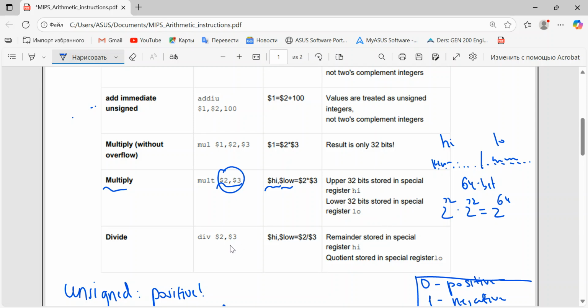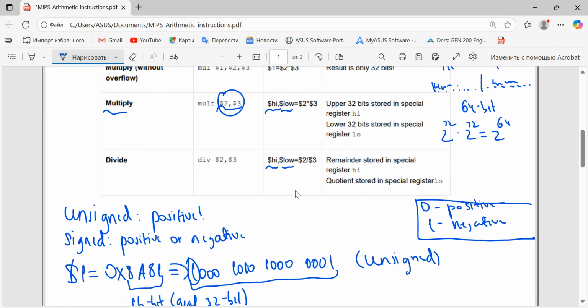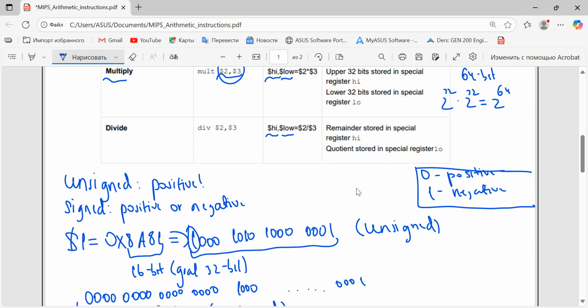What about divide? The same thing, we split our value into the... Actually, it's not the same thing. The similarity is only the registers high and low, but the meaning of them is totally different. In the high register, we store only the remainder part. In the low, we store only the quotient. What is quotient? Quotient is the integer part before the comma. What do I mean? Let's say 5 divided by 2 is going to be 2, and 5 modulus 2 is going to be 1.